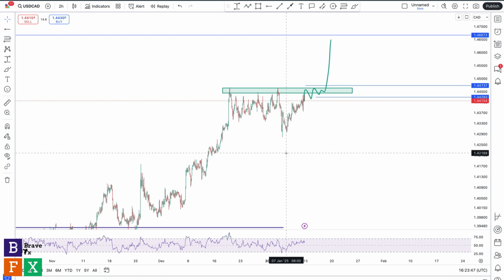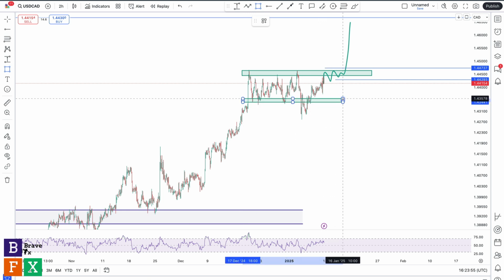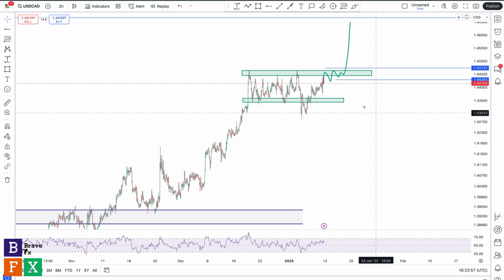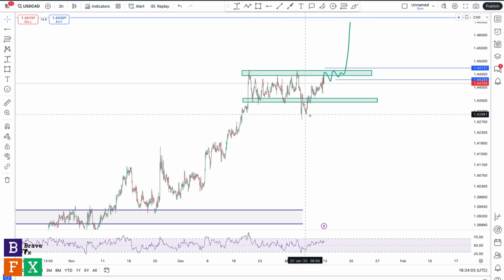So another reason now, just to show you why it's good to lean towards the bullish case scenario when the market is bullish, is this, right? This is what I was trying to explain on crude oil. So now we have this area of value.